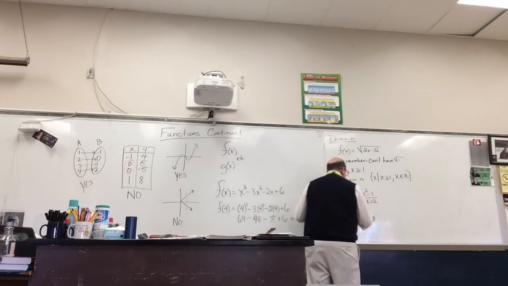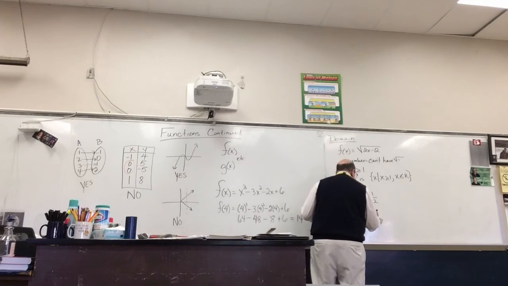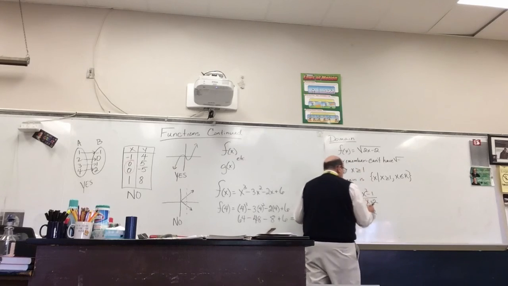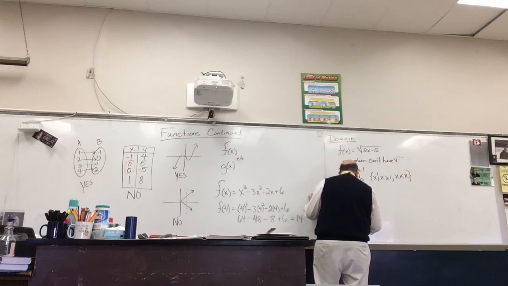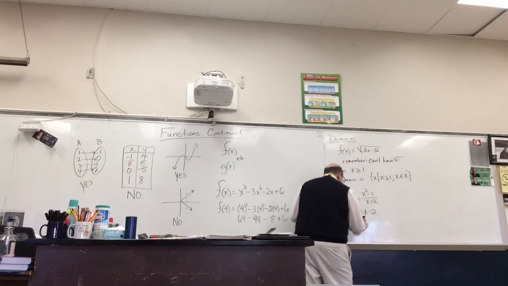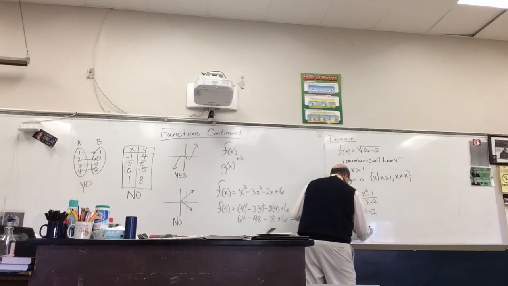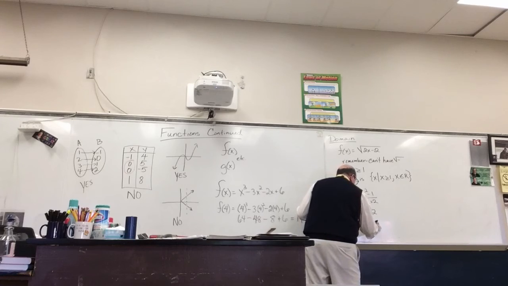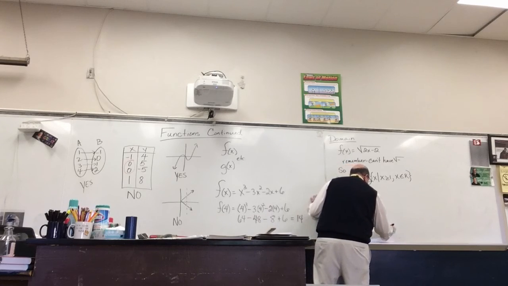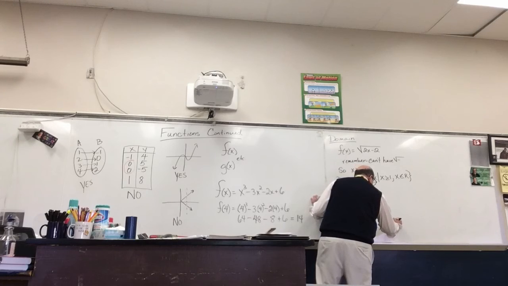So we say that x cannot be negative 2. And then if we wanted to write it in set builder notation, we would say a set of numbers x where x does not equal negative 2, comma, and x is an element of all real numbers. All right?